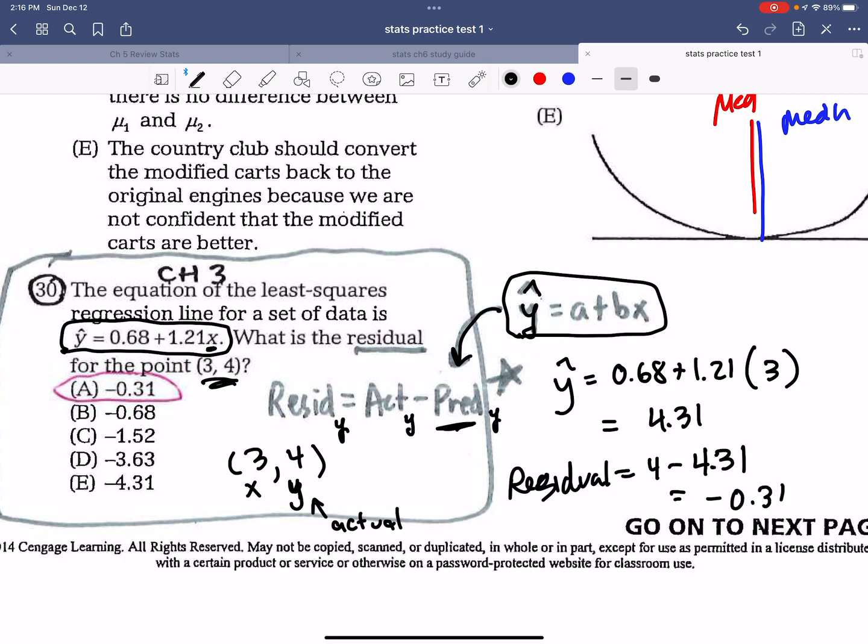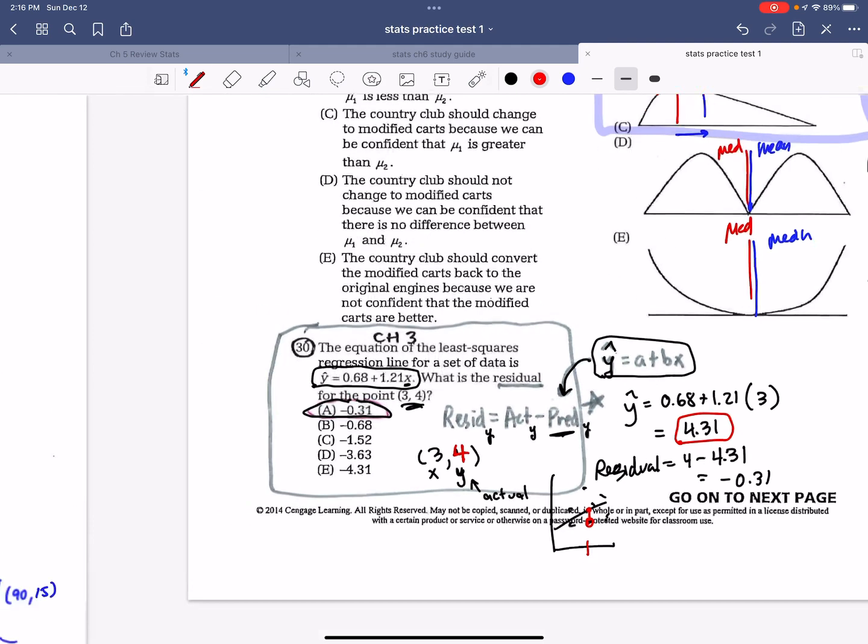And notice I get a negative 0.31. So if there was a line of best fit, which there is, this point (3, 4) is beneath the line of best fit. It was less than we would have predicted. We predicted 4.31, but we only got an actual value of 4.